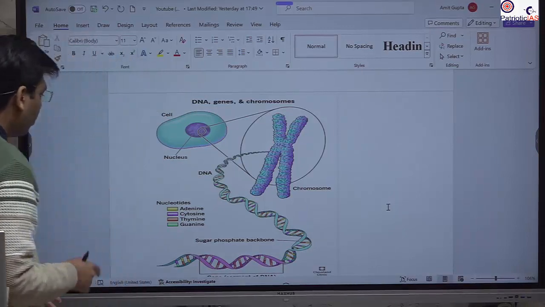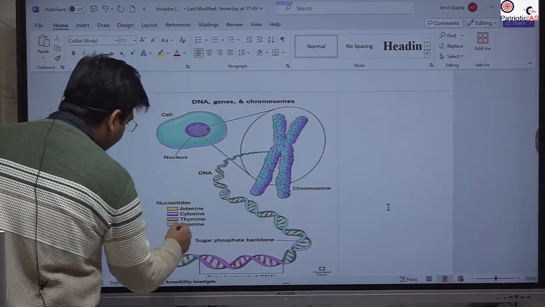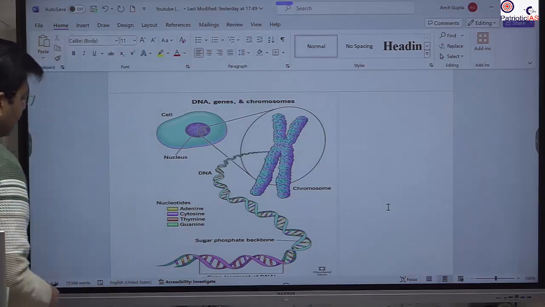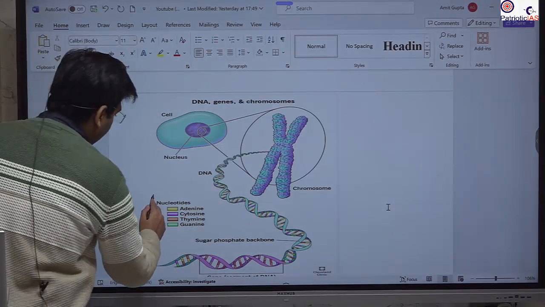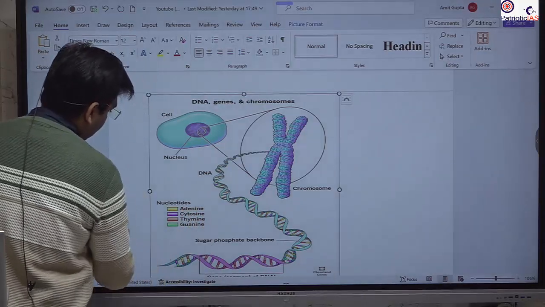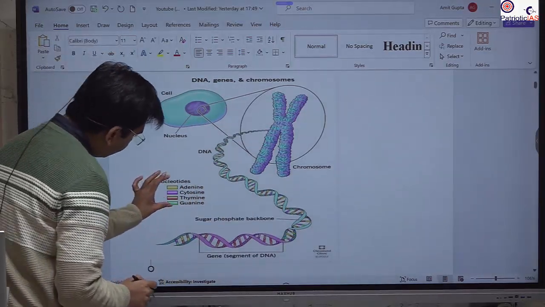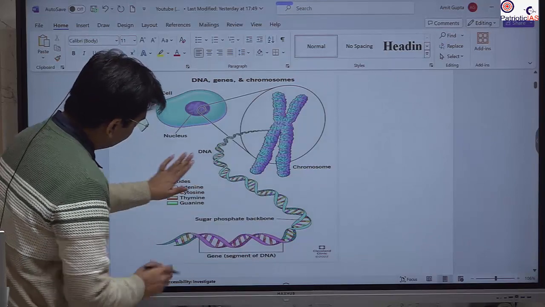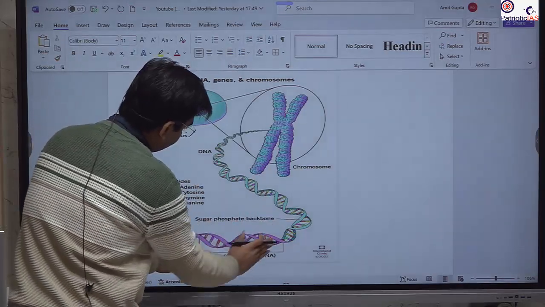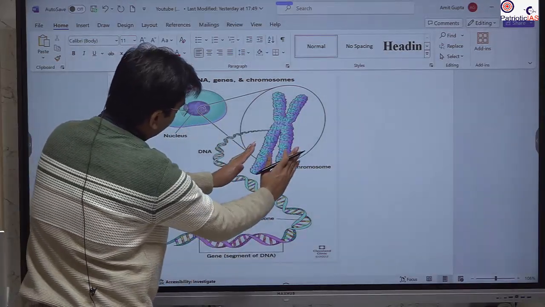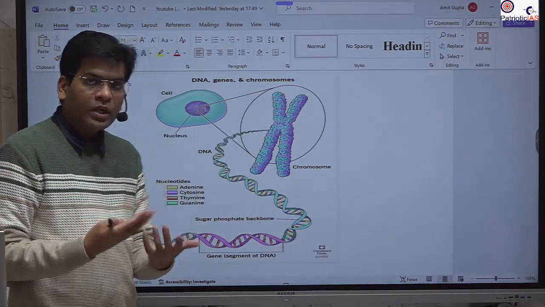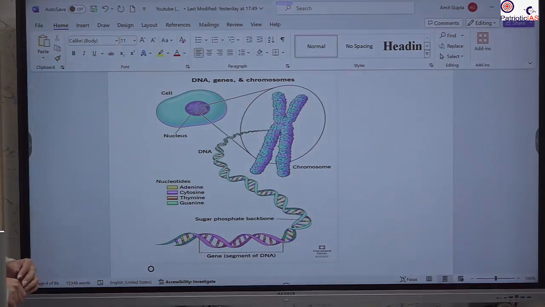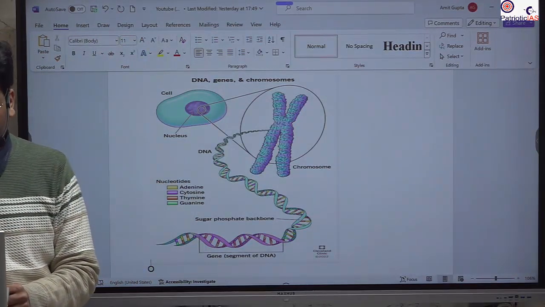Okay, nucleotides are made up of adenine, cytosine, thymine, and guanine. So please remember that this is the basic block. After that, these accumulate to form this, and after that this is the chromosome, and this is part of the cell, and the different body parts are made up of cells. So please, you should know all these basics.